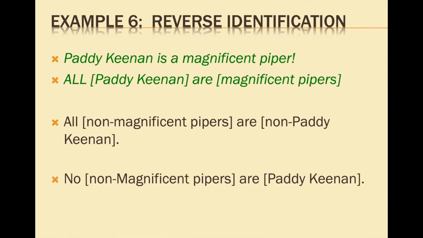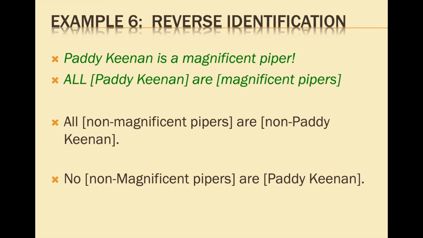Now here's another logically equivalent statement. If you look carefully here, it says no non-magnificent pipers are Paddy Keenan. So look not at the original statement, but at the contraposed statement. We see that the predicate term quality has changed and the quality of the whole statement has changed.